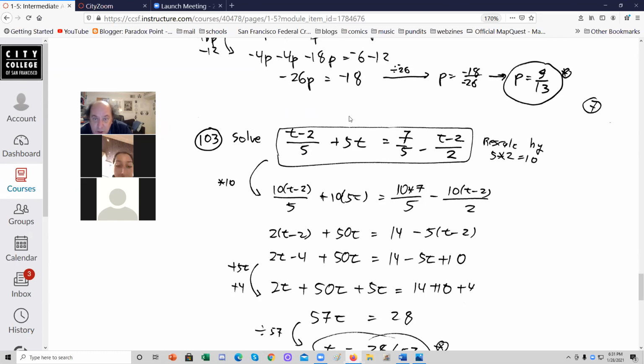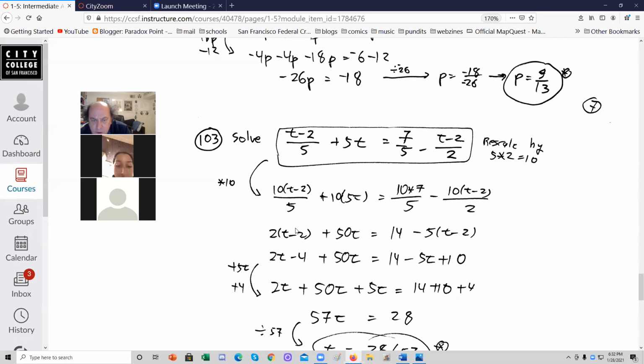So let's multiply throughout by 10. 10 times (t minus 2 over 5) plus 10 times 5t equals 10 times 7 over 5 minus 10 times (t minus 2 over 2). 10/5 cancels, leaves a 2 here. 10 stays there. 10 times 7 over 5 is 14. And 10 over 2 is a 5. So 2 times (t minus 2) plus 50t equals 14 minus 5 times (t minus 2).